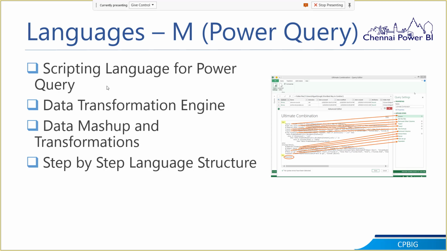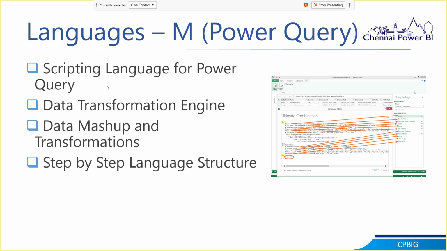So you no need to learn M. Actually, you need to learn M, but since Power BI Desktop is getting better, they have more transformations at the wizard level itself. You can do all the transformations with a single click, or by choosing the wizard type.